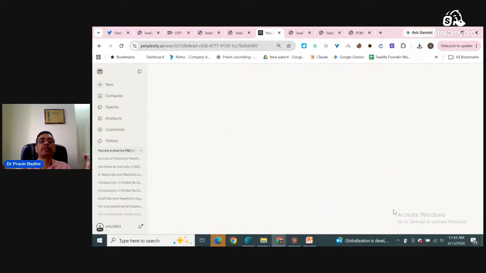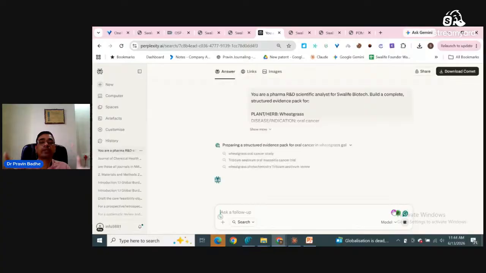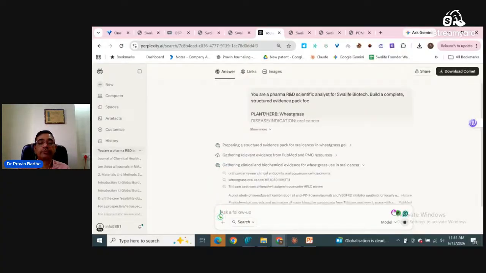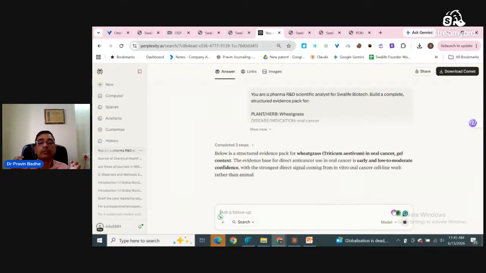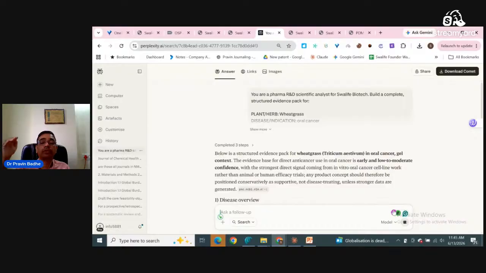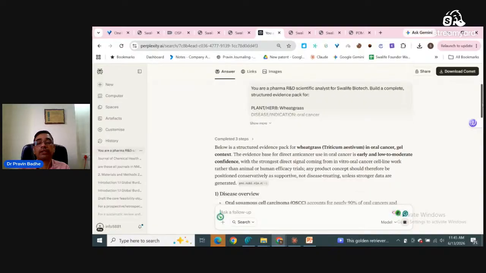Still, with just basic search, you can see that it is going to bring specific information that we have given in the prompt regarding the wheatgrass and oral cancer in the gel context, and it will help us take it further into the AI discovery, which will give us information based on the first literature mining process.